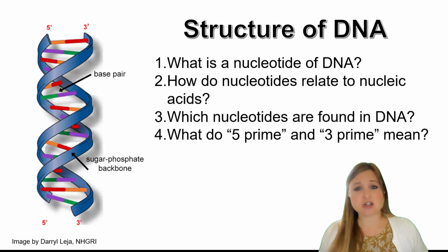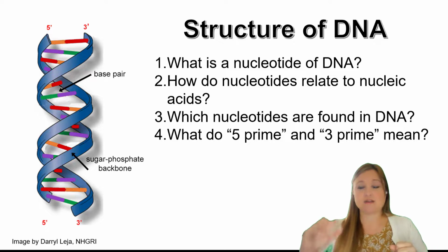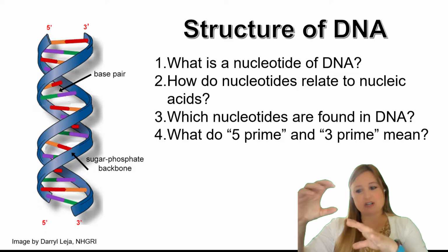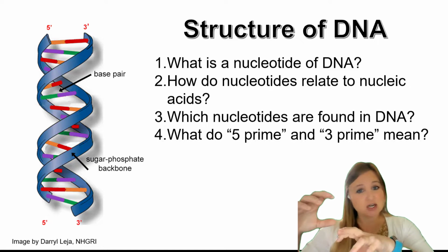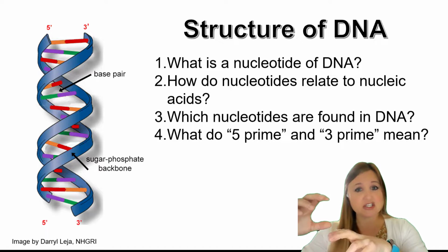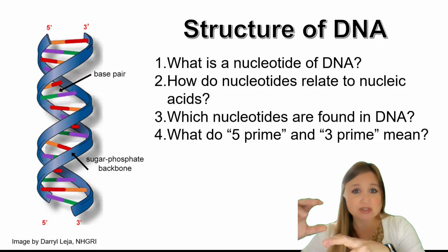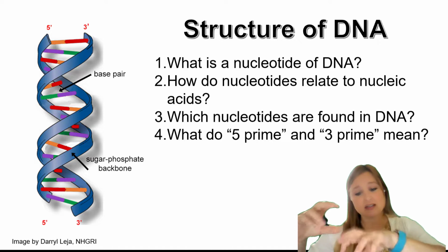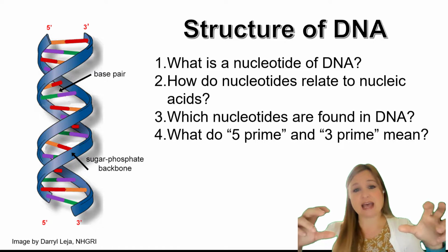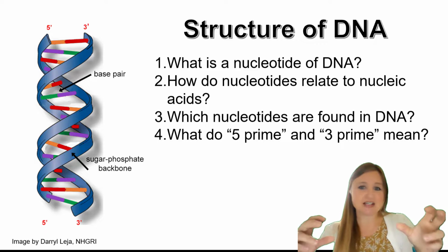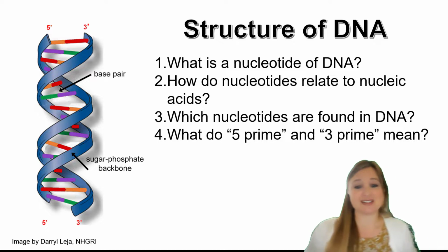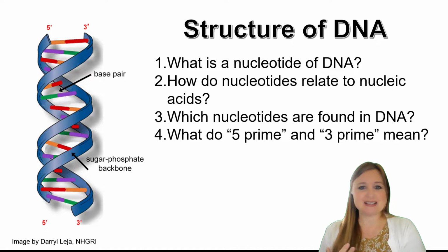It might be good to talk about the structure of a nucleotide, where we know in a nucleotide, there's a phosphate group, and that phosphate group is bonded to a sugar. That sugar has 5 carbons in it, and it is called deoxyribose. And then on the other side of that deoxyribose is where the nitrogenous base is attached. And there are 4 different types of nitrogenous bases. That sort of is part of the answer to question 3.